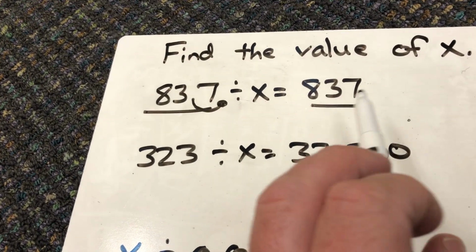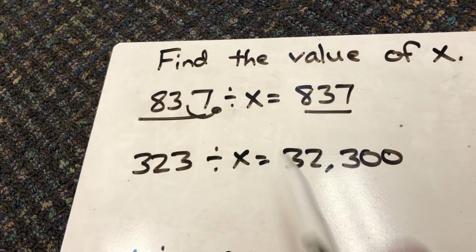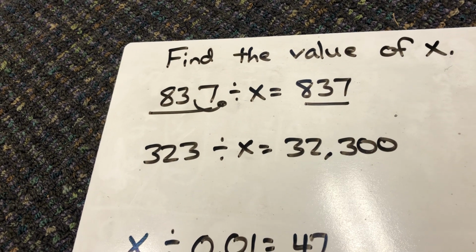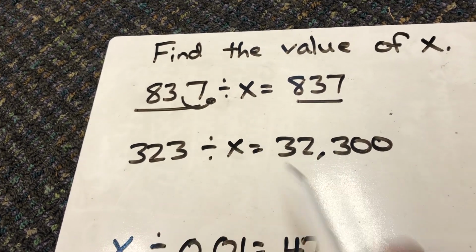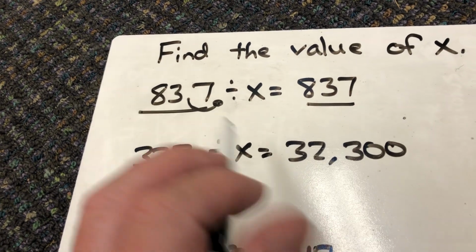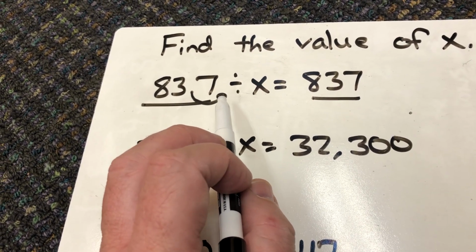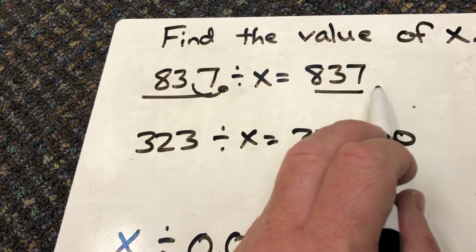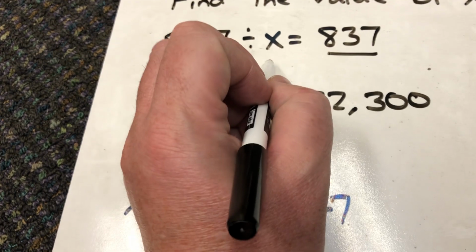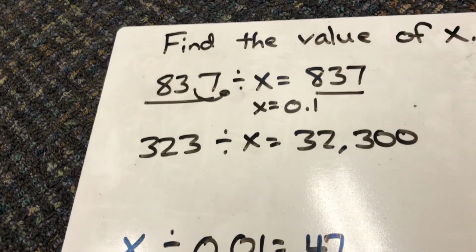So I'm thinking, well, what would I divide by to end up moving it one place to the right? Well, since it moved to the right, that tells me that I divided by a number that is less than 1, and there must only be one digit that comes after the decimal because I only moved it one spot to get it to be 837. So that tells me that x equals 0 and 1/10.